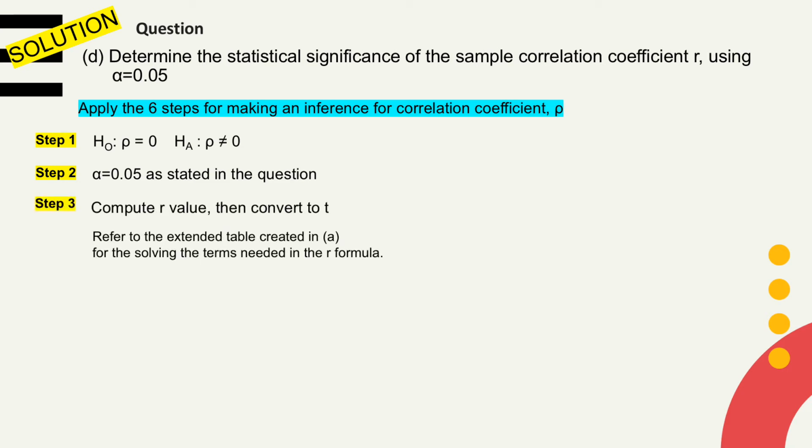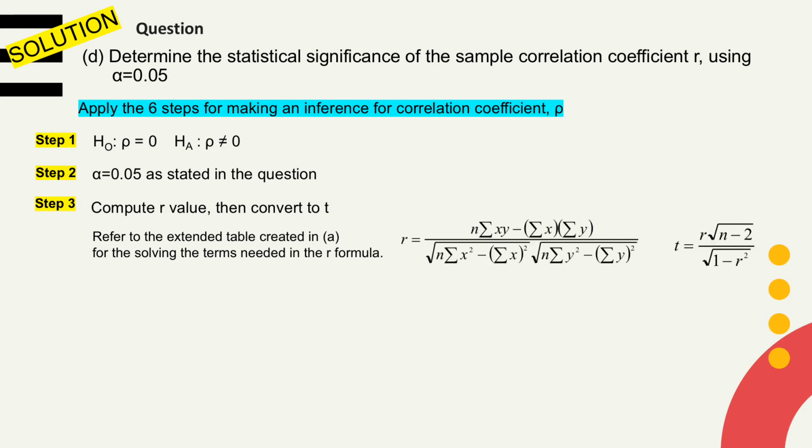In the third step, we have to compute the R value, and once we have computed the R value, we have to convert it to a T value. This is the formula of R, which is the one that we have learned in the previous tutorial. And you just have to substitute the value of the summation of xy, summation of x, summation of y, summation of x squared, and summation of y squared based on those values that you have in the extended table in the first equation.